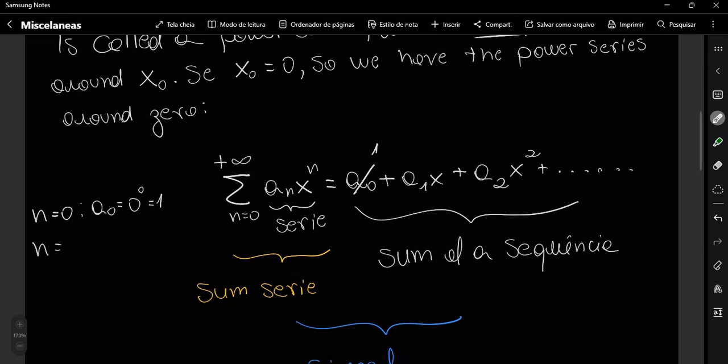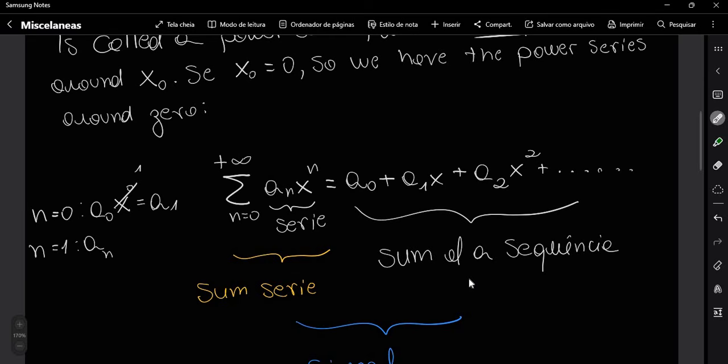For n equal 1, a0 x to the 0, which is equal to 1. So a_n, for n equal 1, the index is the number 1.